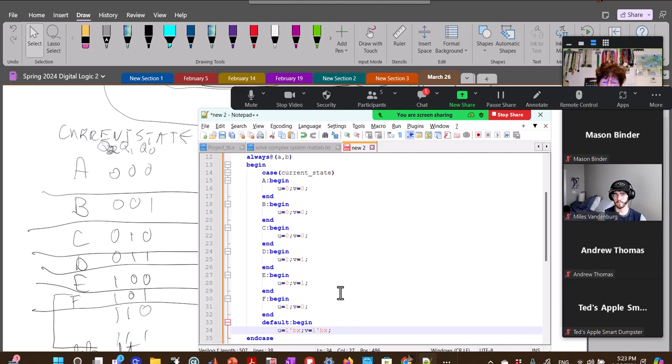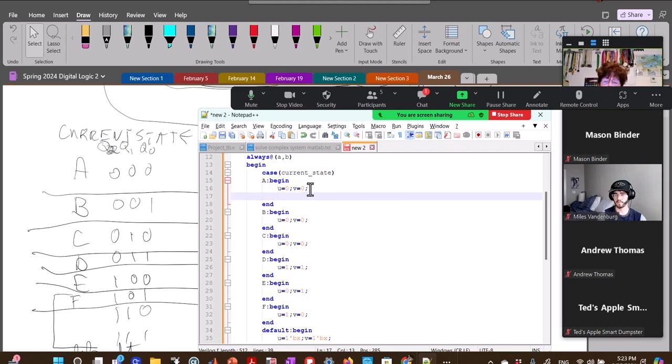So we don't care. So the X is for don't care. Okay, so that's the output. Then for each one of these, you're going to have another case statement. So you're going to have a case based on A and B.